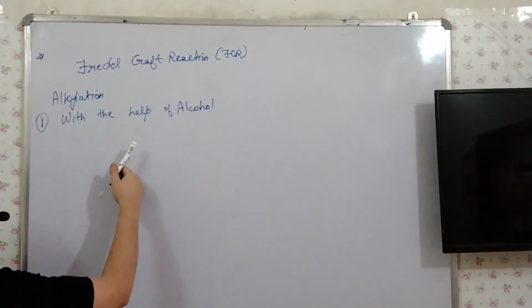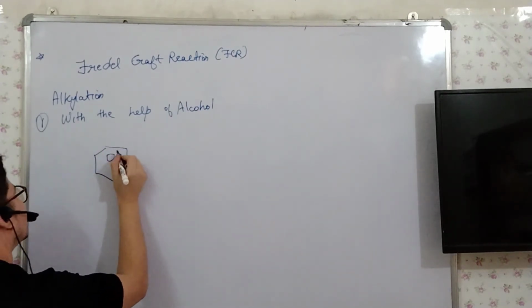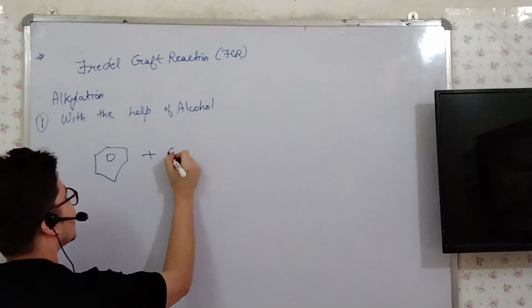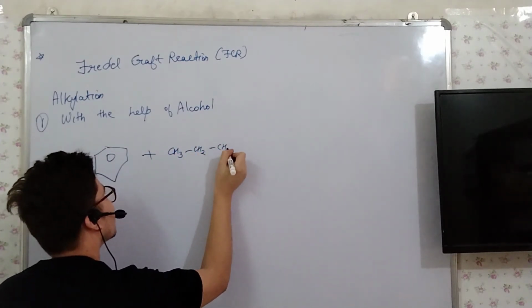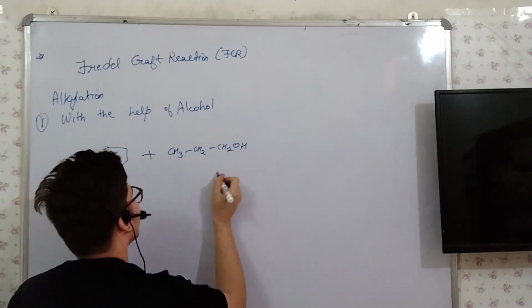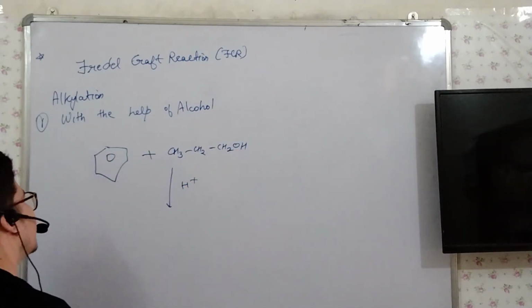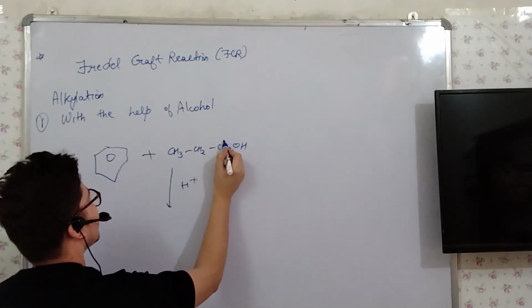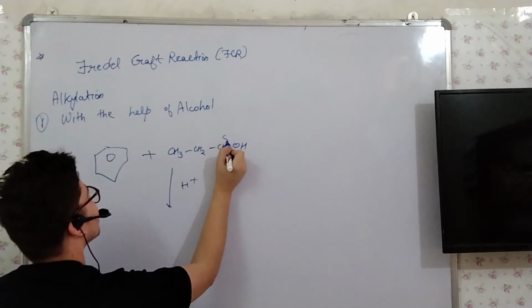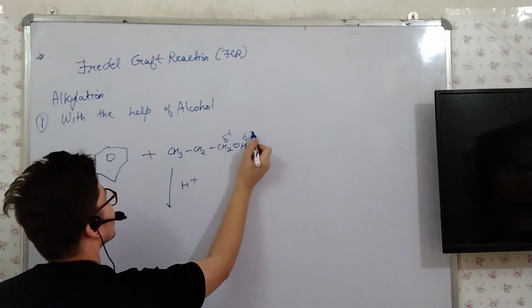Second, with the help of alcohol. So we have benzene plus alcohol. We will take AlCl3 here also, but sometimes we use H plus also. So we take CH3CH2CH2 with OH, delta minus and delta plus.